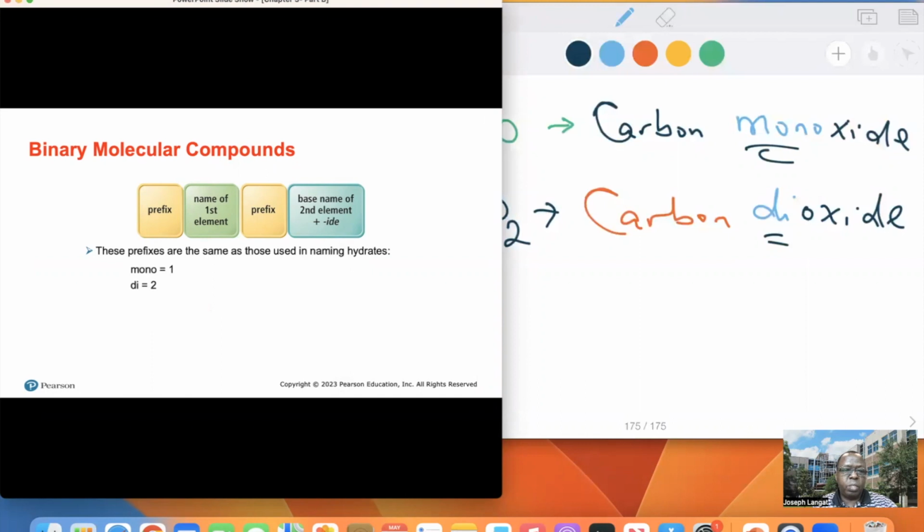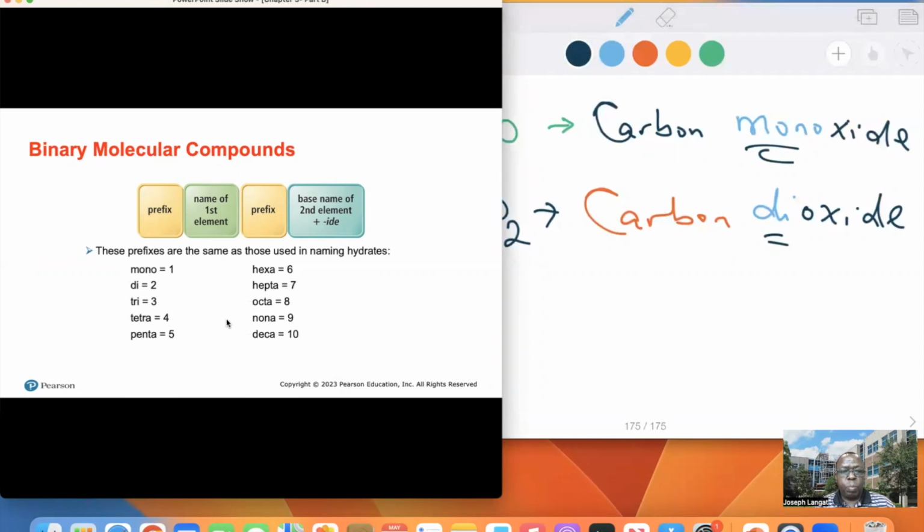So di is used for 2, tri for 3, tetra for 4, penta for 5, hexa for 6, hepta for 7, octa, nona, and deca. You need to learn this. You need to remember that we use deca, penta, hepta, and so forth.